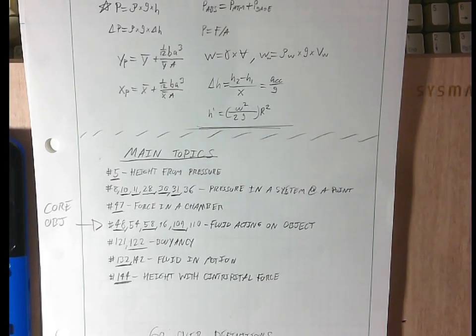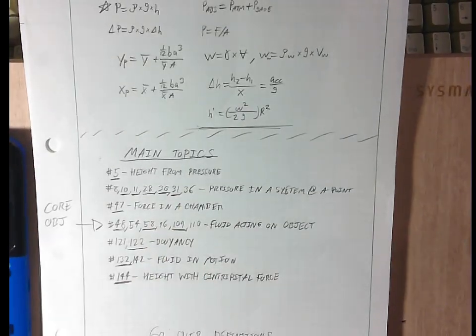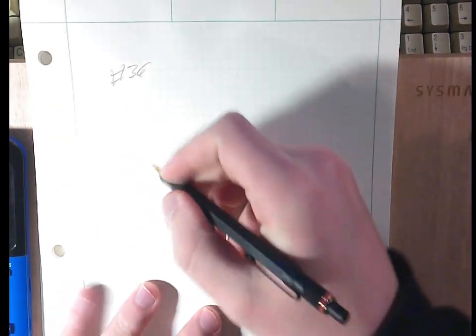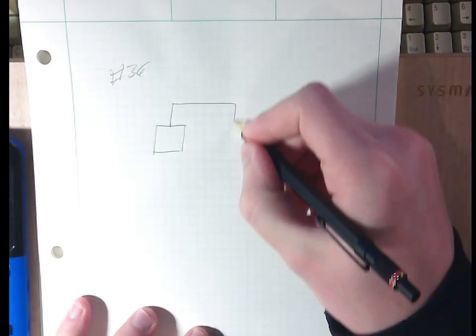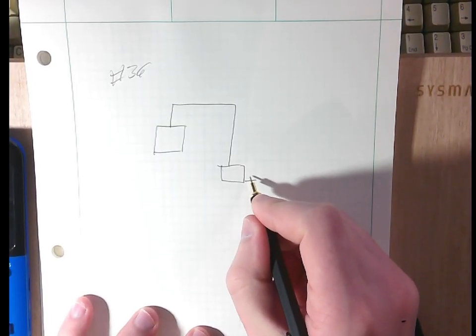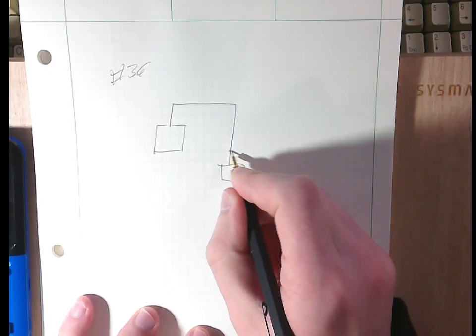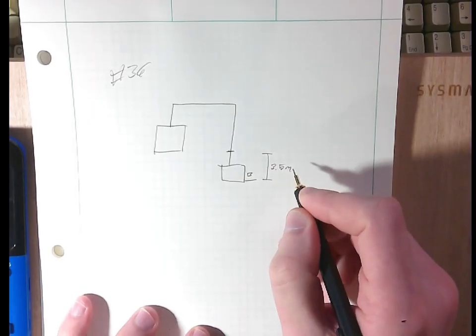Problems 1 through 45. Let's find the one pressure one that I was looking for earlier. Problem 36. Only one I didn't do. This one's a bit of a bear. You can do this one. I think you've got the whole thing. Point B. This is 3.5 meters.